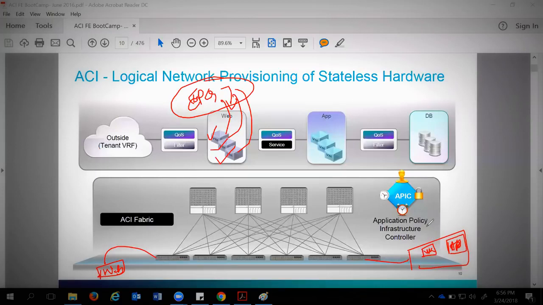But in these conditions, which ones have the common property? This one will have a common property, and this will have the same EPG. So you can think about an EPG just like a family, a same set of families. And accordingly, only then do we provide the policies to them.